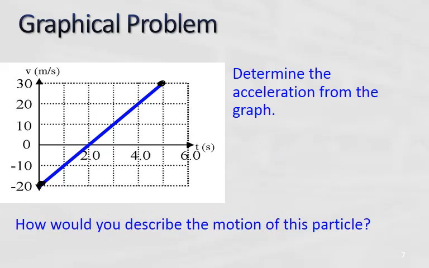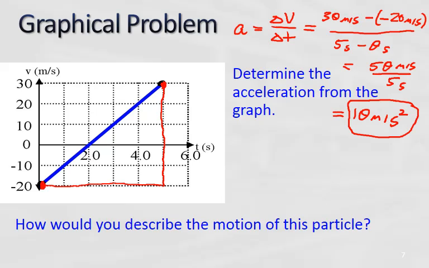Okay, so for that last one, positive constant acceleration. If we get the slope of that, we get the acceleration. It's getting faster and faster, starting from rest. All right, so for this one, go ahead and determine the acceleration from the graph, and then secondly, describe the motion. Pause the clip and do that, and when you're ready to check, you can hit play to continue. All right, so for this one, again, get the slope.